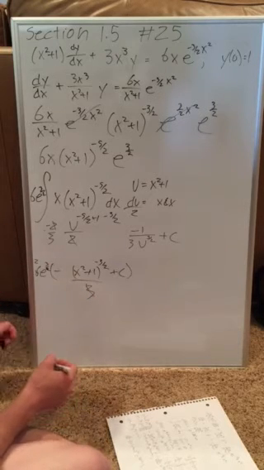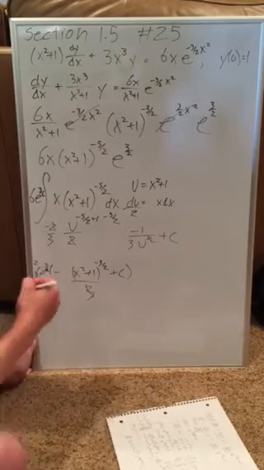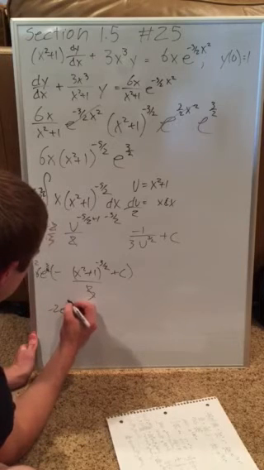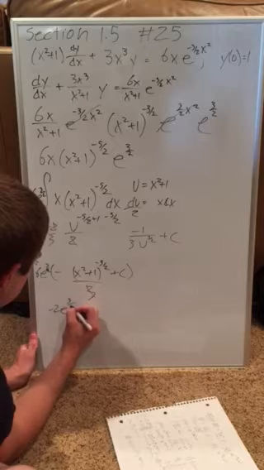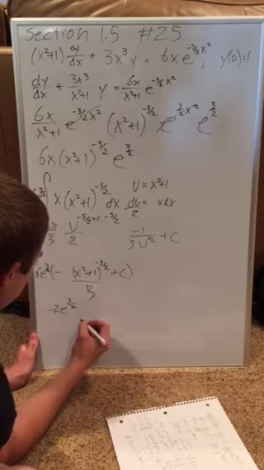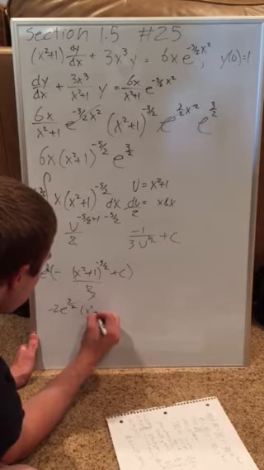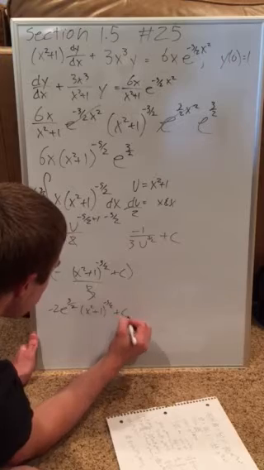For our right side, before we go to simplification, it's going to be negative 2e to the 3 over 2 times our x squared plus 1 to the negative 3 over 2 plus c.